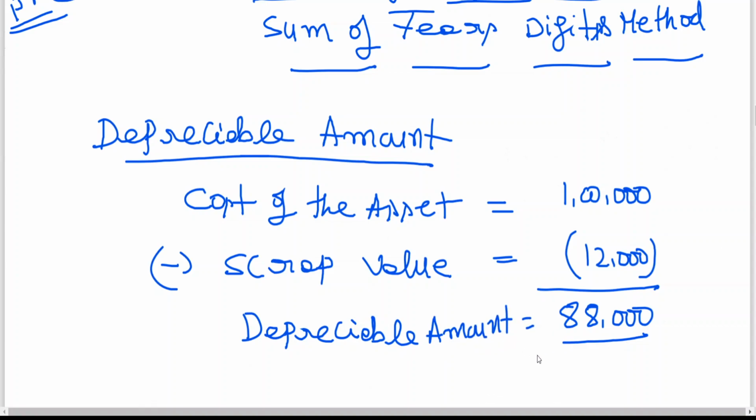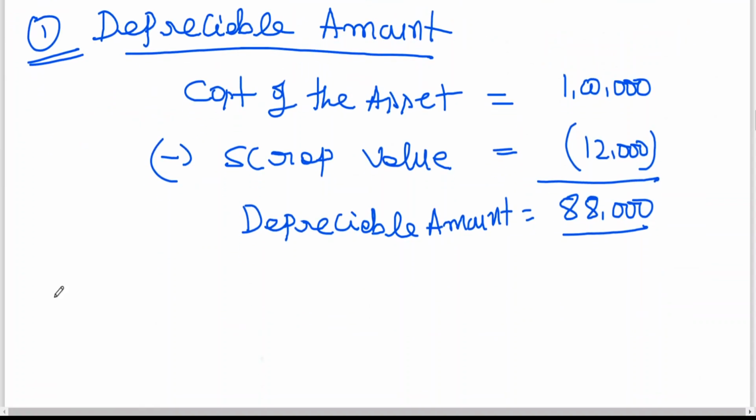This is the depreciable amount. So whenever you want to calculate depreciation, what do you need? Depreciable amount. Now the second point I need is that I have to go for n into n plus 1 by 2. This is the formula.